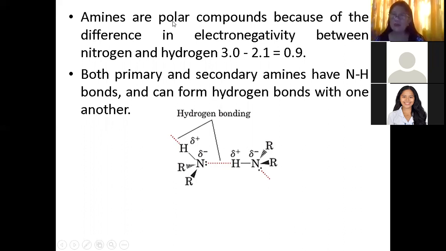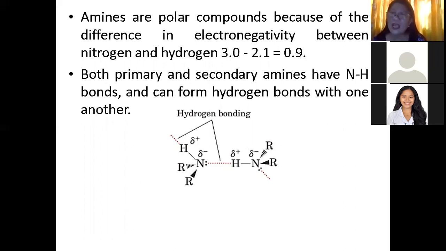That is a polar compound. Can you still remember how to compute non-polar and polar compounds using the electronegativity? So both primary and secondary amines have NH bonds and can form hydrogen bonds. Of course, kay ang primary napay duha ka hydrogen, ang secondary napay usa ka hydrogen.